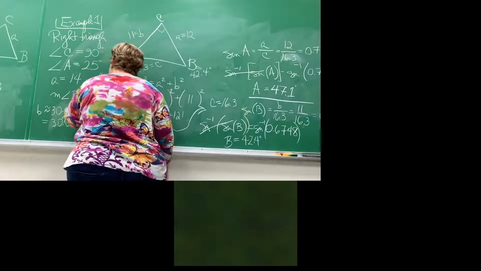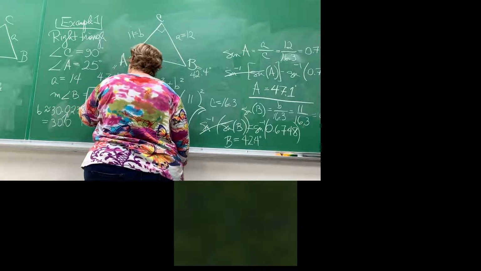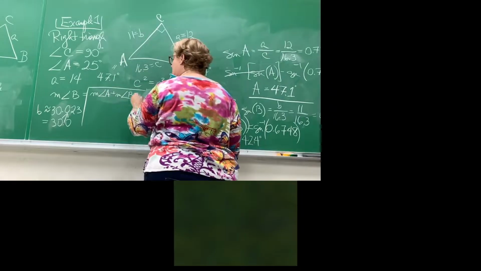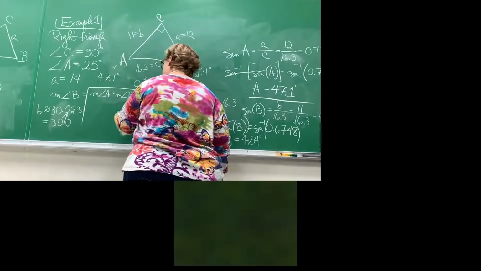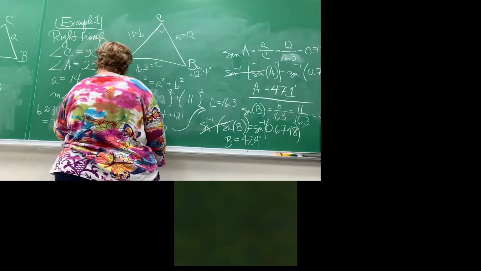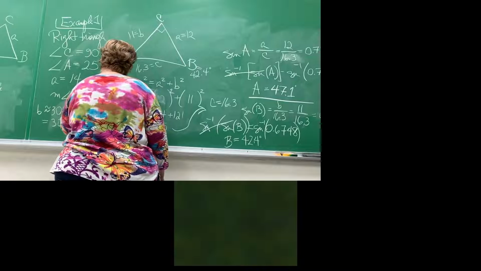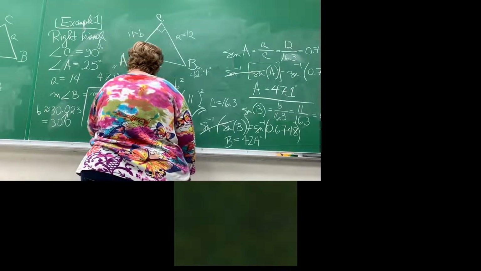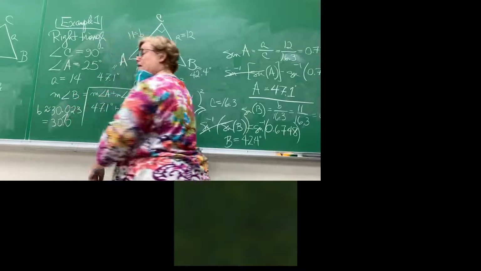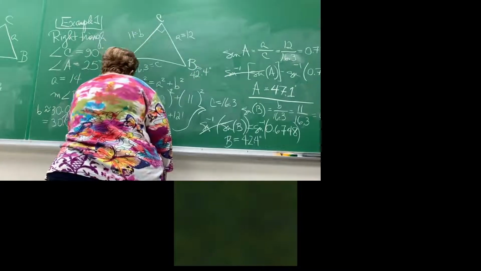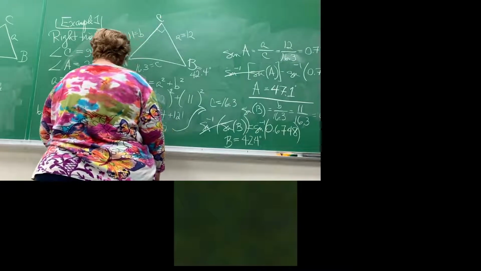So we know that the measure of angle A plus the measure of angle B should be 90. Good. And we have 47.1 plus 42.4. And you said you got 89 point. Yeah, the first one, did I give you 47.1 or 47.4?